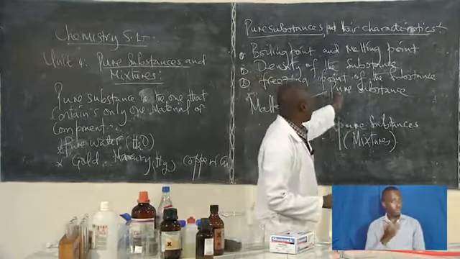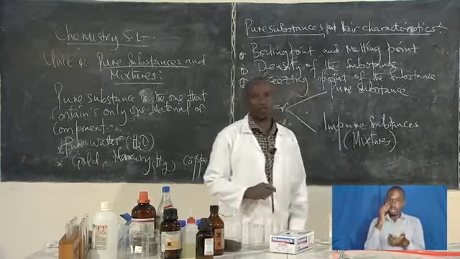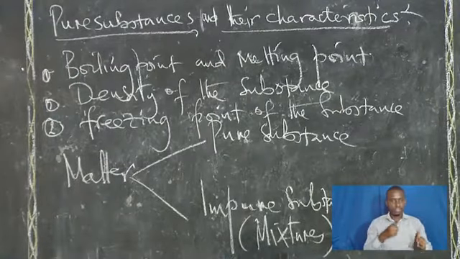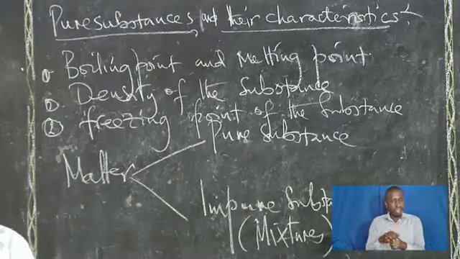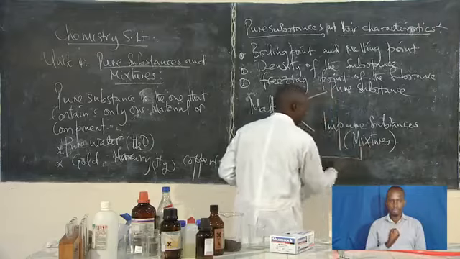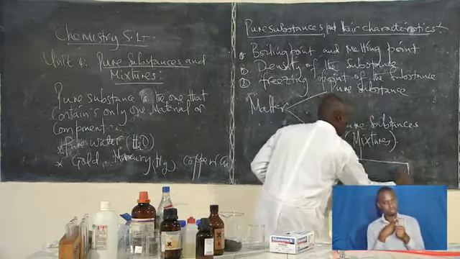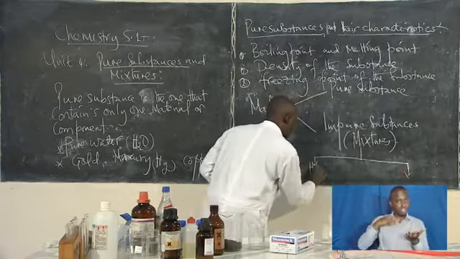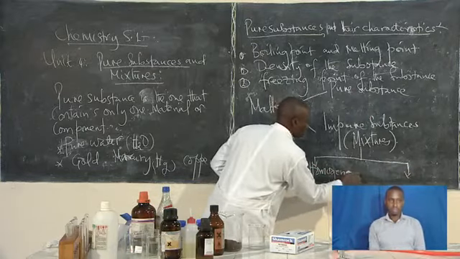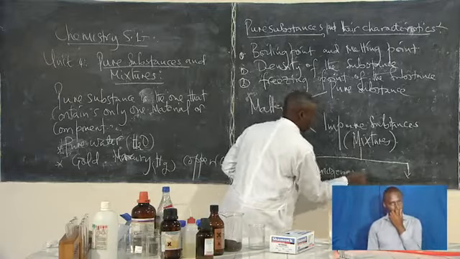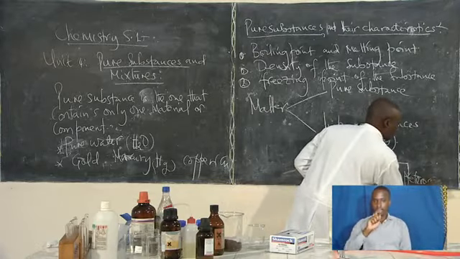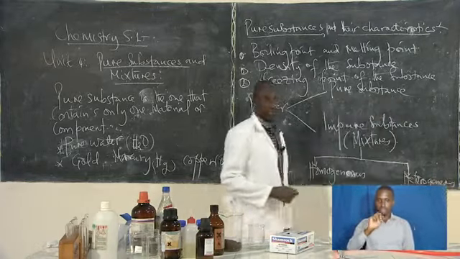So we have briefly talked about the pure substances, and then we have mixtures. Very different types of mixtures. Mainly, the mixtures are categorized into two: the mixtures are either homogeneous or heterogeneous mixtures.